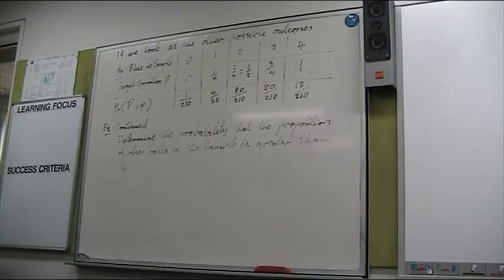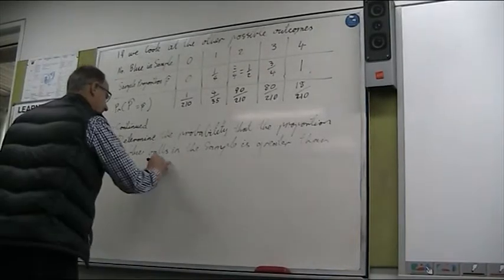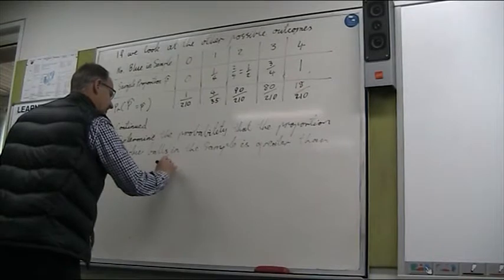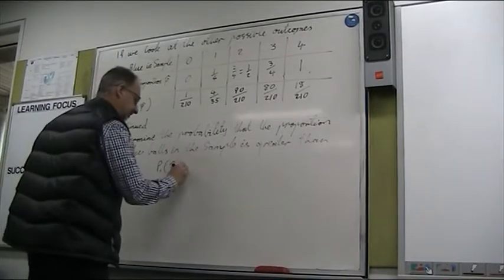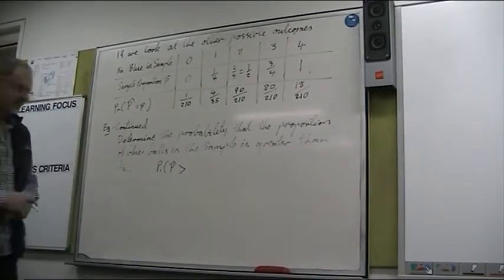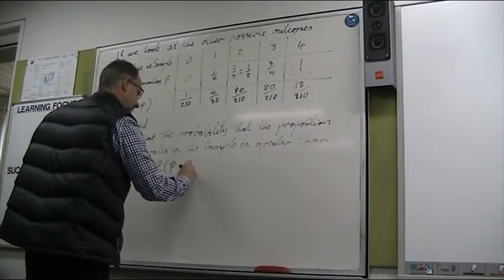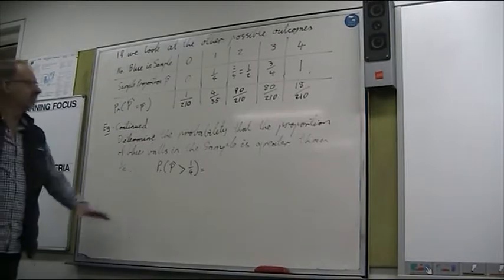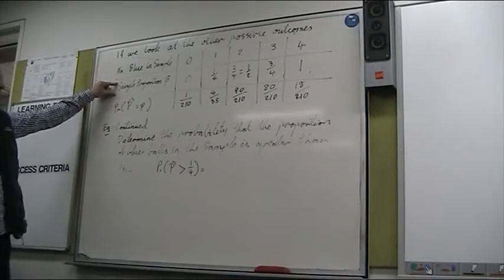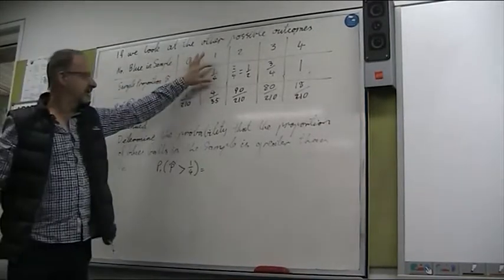All right, what does that mean? So writing that in words, probability that the proportion of blue balls in the sample is greater than 1/4. So when we look at our table, here's our sample proportion. There it is, 1/4.